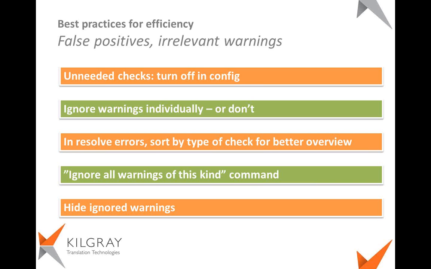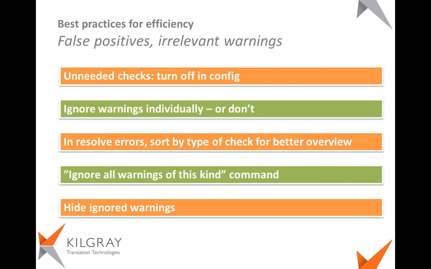And when we talk about efficiency, we always try to minimize the number of false positives returned as warnings by the QA module. There are a couple of pieces of advice here. If you don't need a check, you turn it off, because you don't want to get the warning in the translation grid or the list of QA warnings.